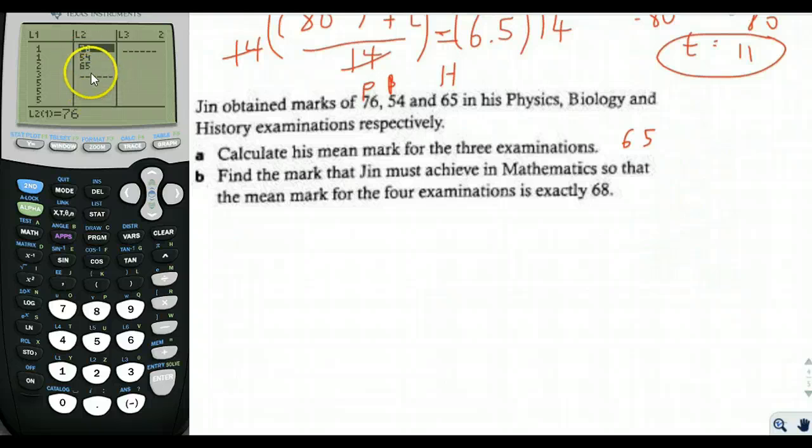Okay, we could guess numbers for the math test until the calculator gives us 68. So we'll do a few guesses, and you can see that since 68 is a higher mean than 65, he would have to get a score that is above 65 and above 68 in order to get an average of 68. So let's try first a guess of 70.